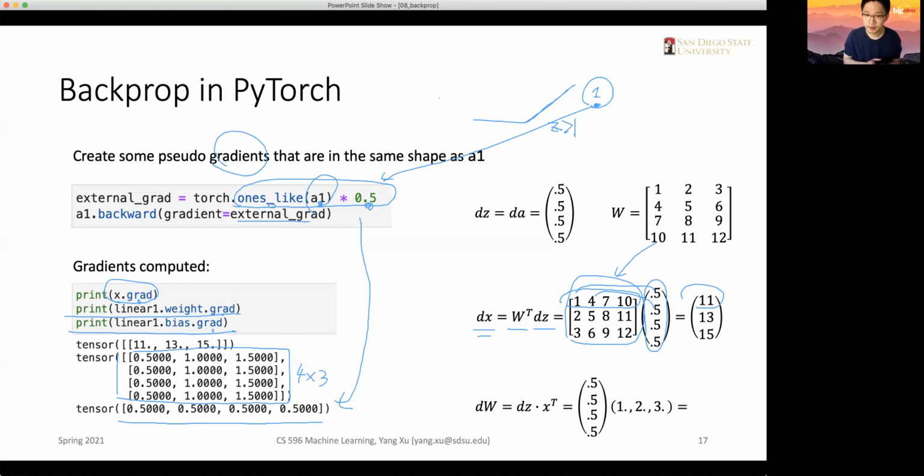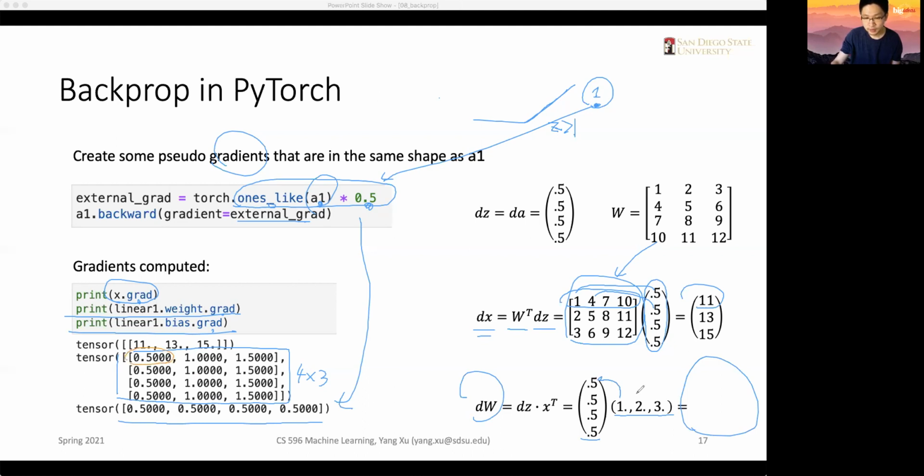Which verifies our general formula. And if we look at the gradients for dw, which I didn't show here, it's a column vector multiplied with a row vector. So basically you can multiply 1 with 0.5, which is 0.5, which is exactly this 0.5.